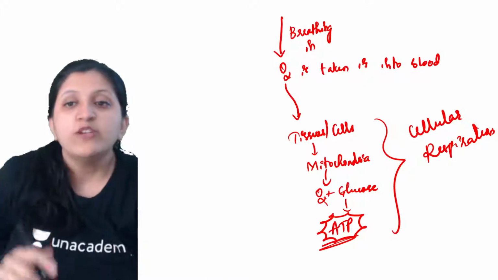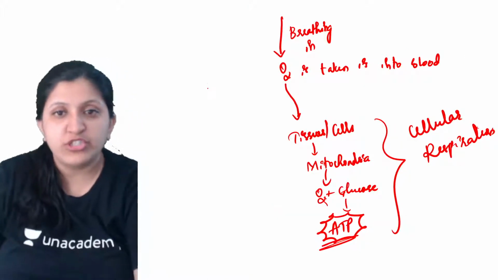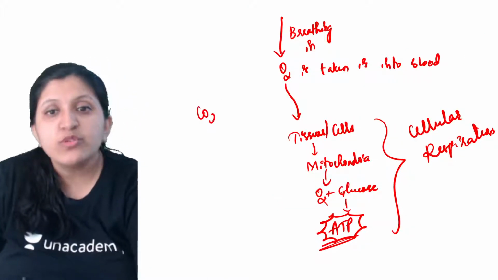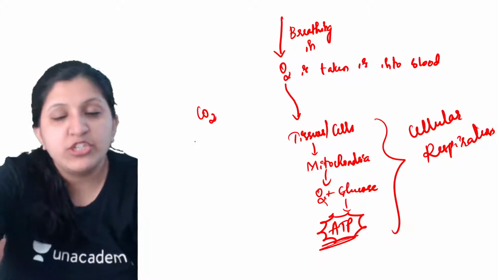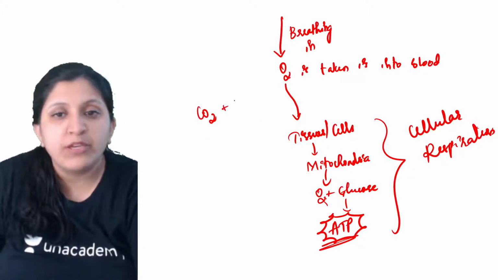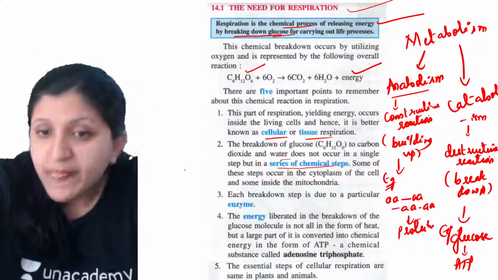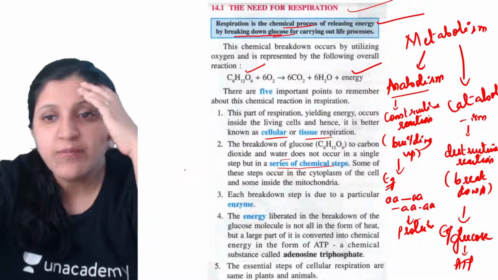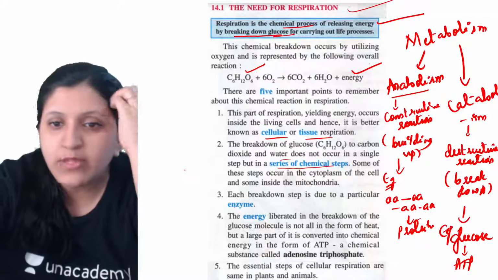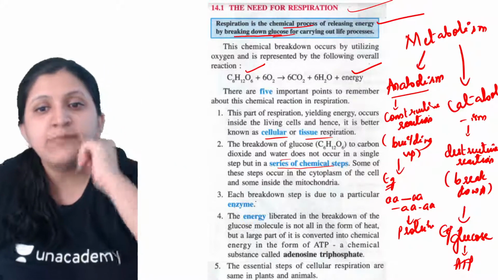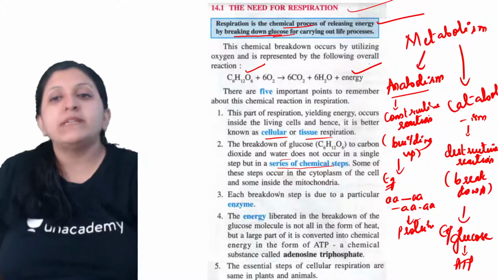The carbon dioxide and water are both produced from the oxidation of glucose itself. With respect to that, each breakdown step is due to a particular enzyme.